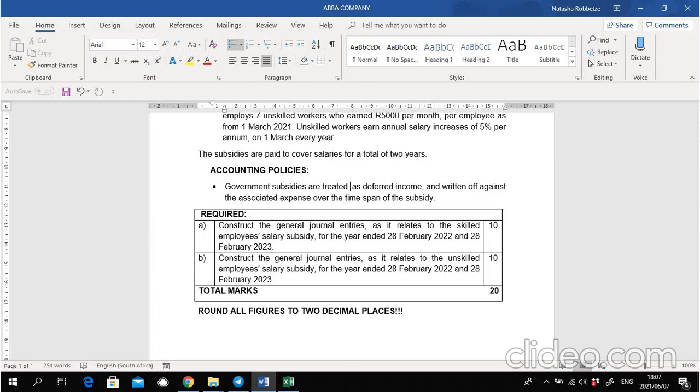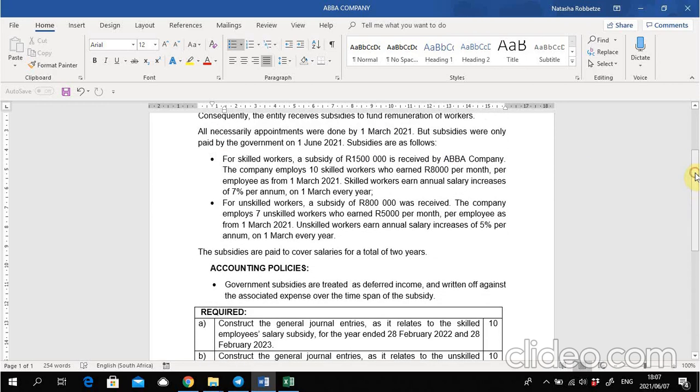So you will see this counts a lot of marks. This is a 20-mark question. And you have just received this little bit of information, but that's where the trick comes in, because a lot of the marks lie with calculations. So little information is given to you that you need to do all the calculations yourself, and this is where the marks come in.